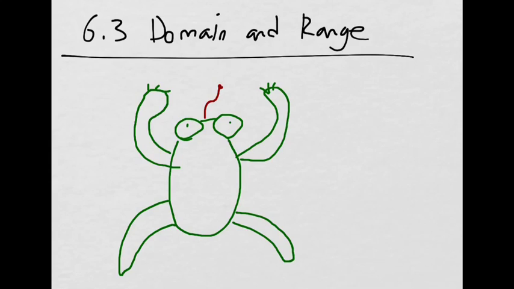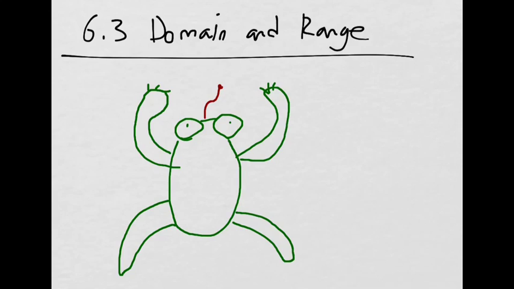He was our jumping champion frog. He could jump a distance of 2 meters, and we looked at 5 different ways to represent this incredible amphibious ability. We demonstrated that relation in a graph, in words, in an equation, in a set of ordered pairs, and in a table of values.